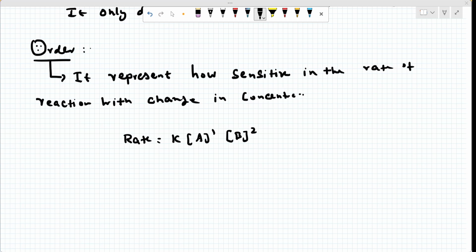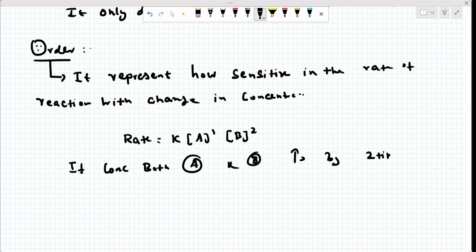With respect to B it is second order, right? The overall order is third order. If the concentration of both A and B increases by 2 times, now what is rate 1? Now what is rate 2?